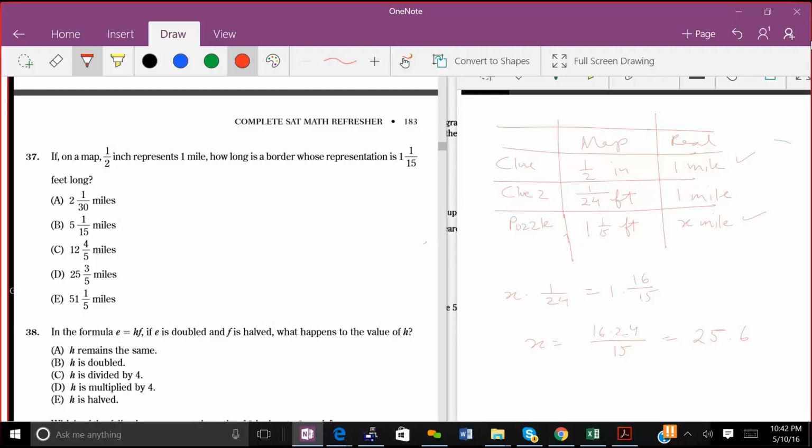So 1 foot is how many miles? 24. So you can very quickly see that 1 foot is 24 miles, right?